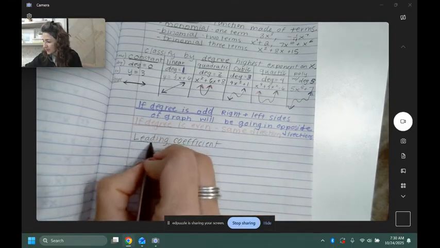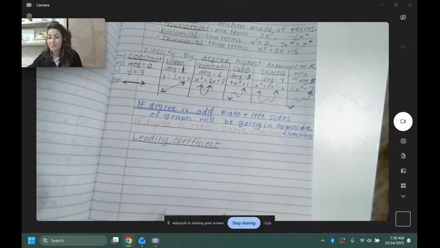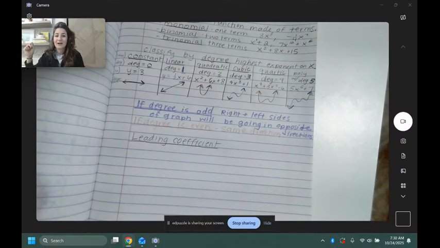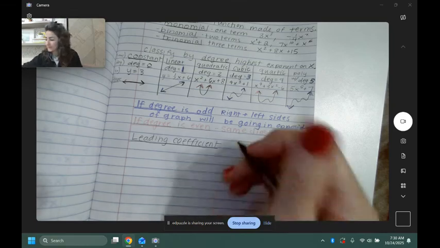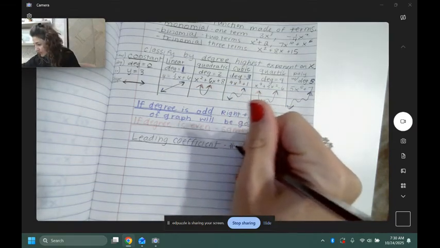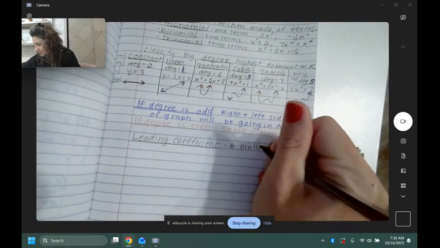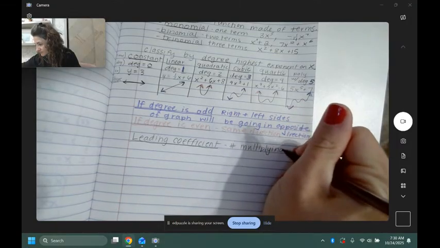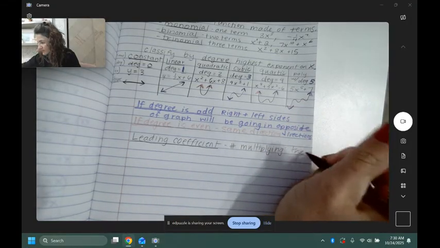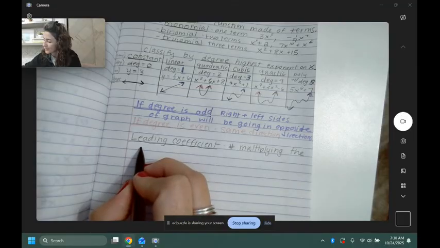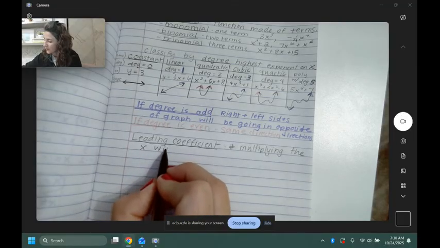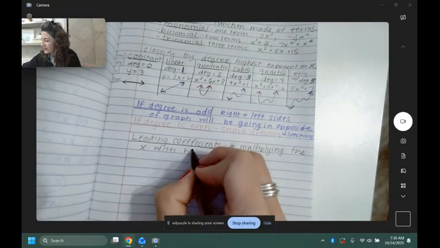The leading coefficient is the number multiplying the x with the highest exponent.